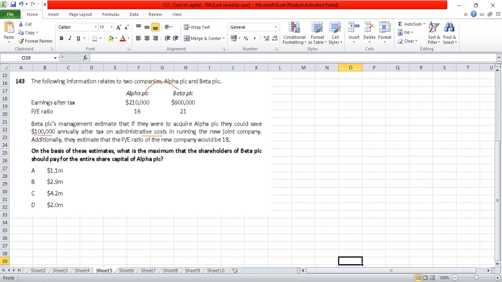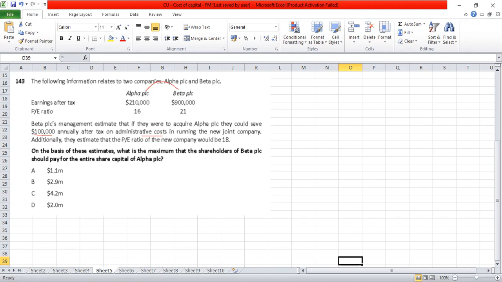Any cost saving is treated as a profit, or as an income. So whatever Alpha has earned, then the earnings of the second company Beta, plus the cost saving, which is also a profit, to the extent of 100,000. All three amounts have to be added up, that is 210,000 plus 900,000 plus 100,000, for the new company.